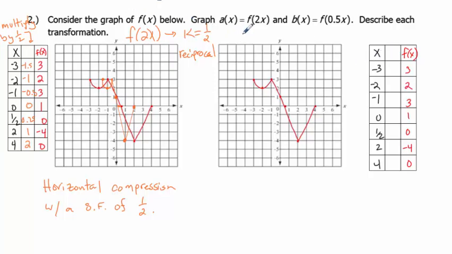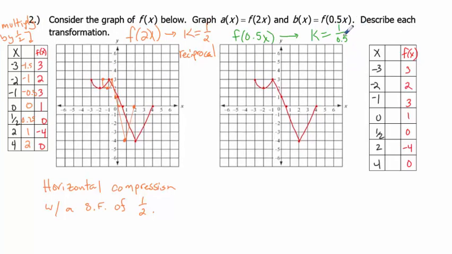In order to do that, we have f of 0.5x. That is going to give us a scale factor of 1 over 0.5. That's the reciprocal, right? 0.5 over 1, flip it, 1 over 0.5, which is going to give us k equals 2.